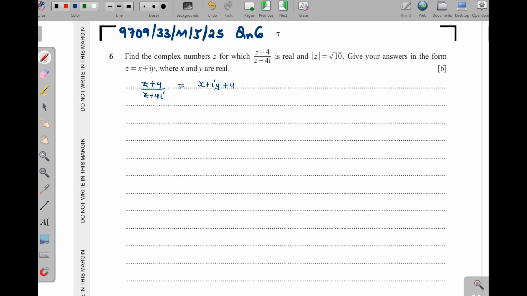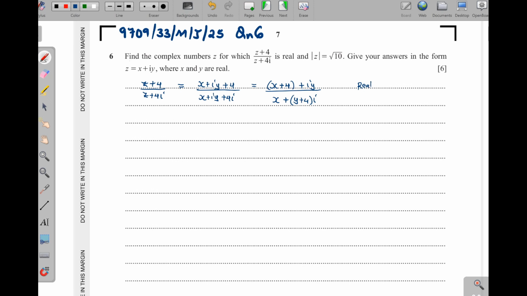Then plus the 4, then out of x plus iy, then plus the 4i, which gives us, what do we get here? Let me separate the real from the imaginary. So then plus iy, then we divide by x, then plus y plus 4, and then i.